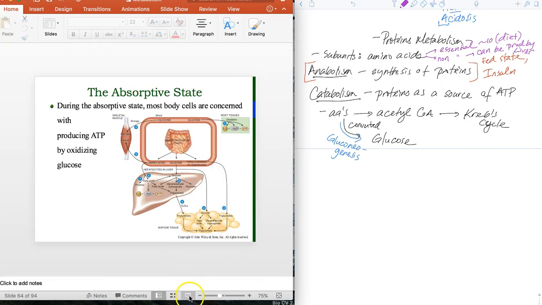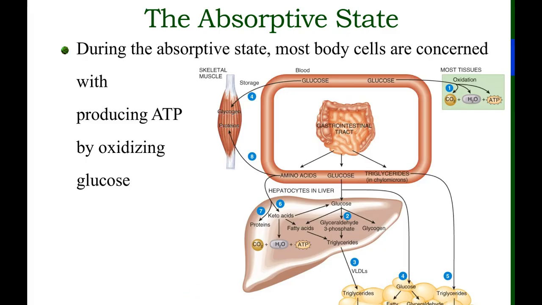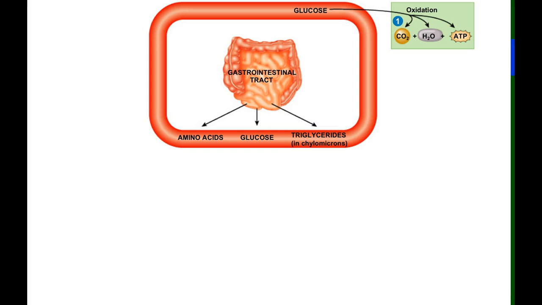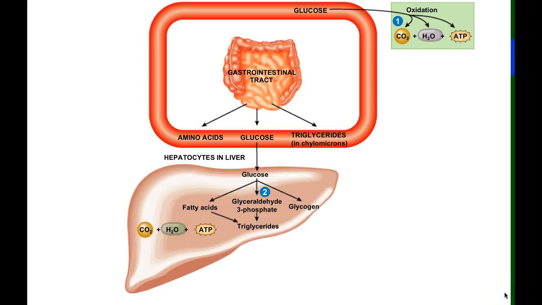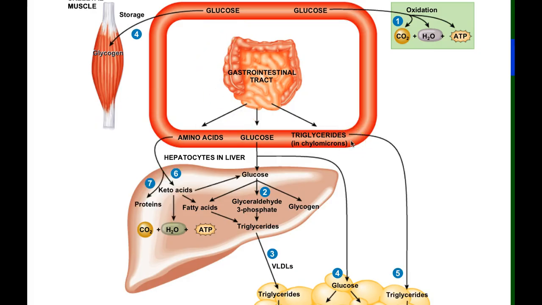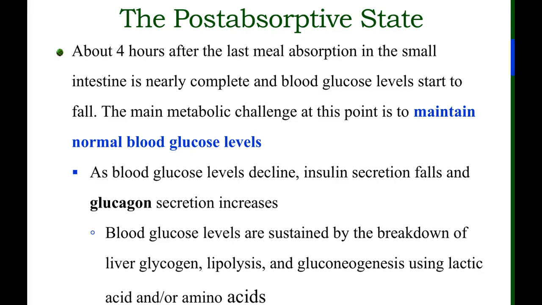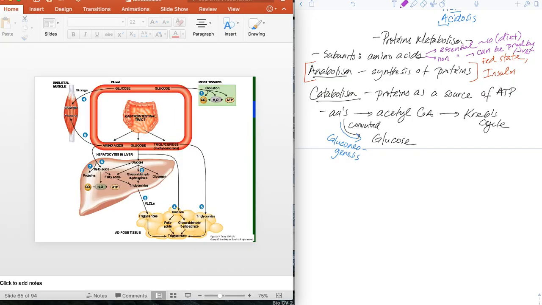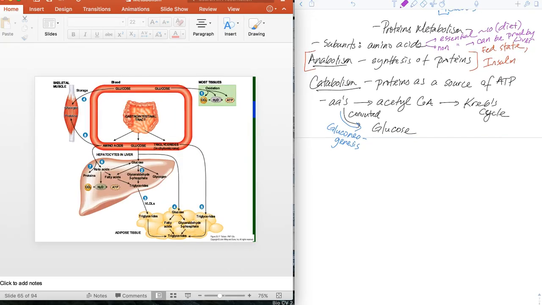Let's look at these crazy diagrams, but I'm going to summarize them to make it a little easier. This shows that after a meal, you're storing like crazy: glycogen, fats, and you're producing proteins. These are not numbers we're memorizing, but let's summarize that.